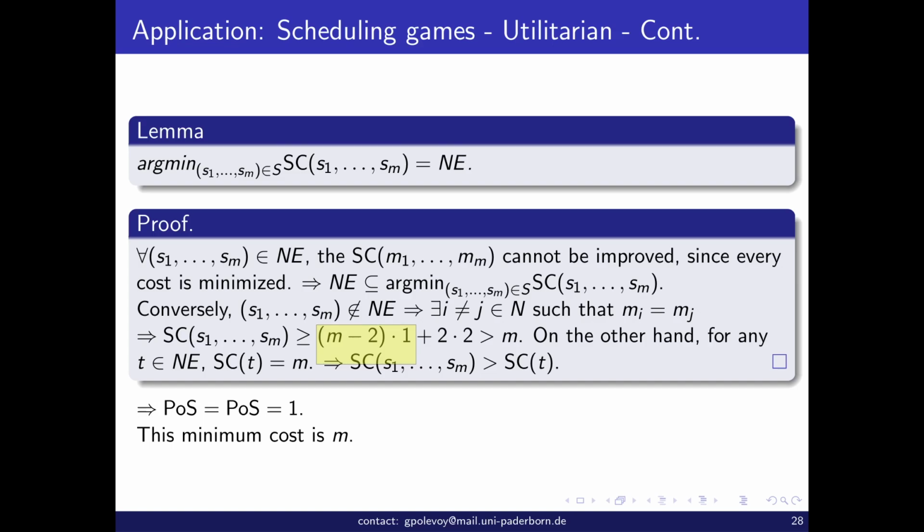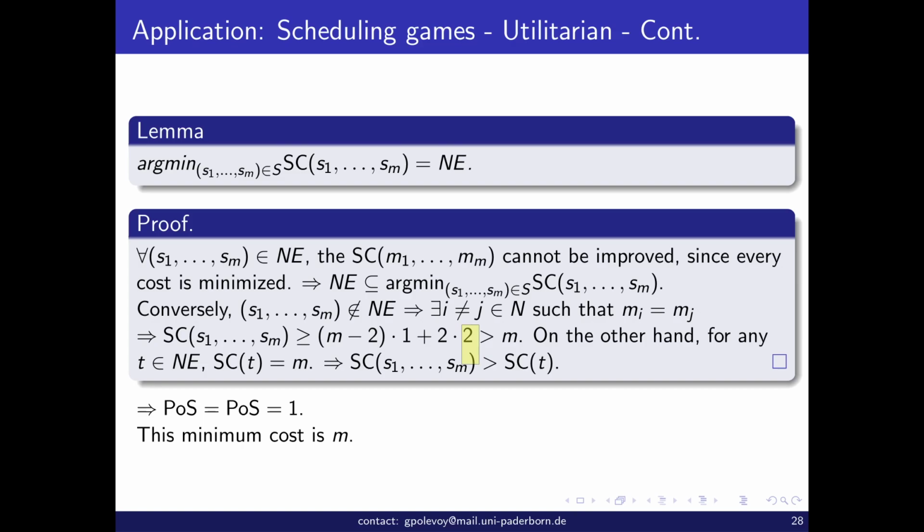And machines i and j, those two machines incur cost of at least 2, because each one of them is at least with itself and the other job at the same machine.